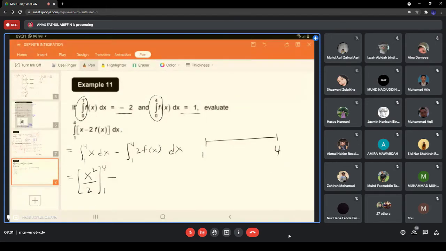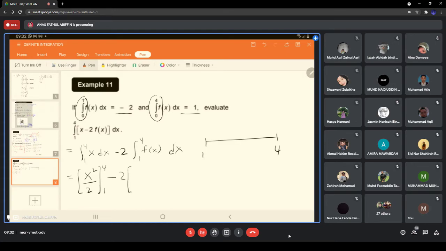Okay, so tak apa kita splitkan dia dulu. We split first. So basically this one we can rewrite as, saya tulis balik, 2 ni saya keluarkan. It becomes 2 multiply integration from 1 to 4. Sama lah, cuma constant tu saya keluarkan dia saja. So 2 multiply, this one we can modify.